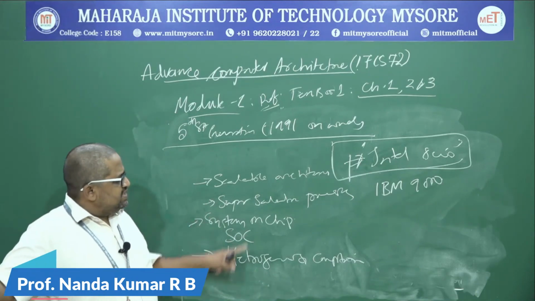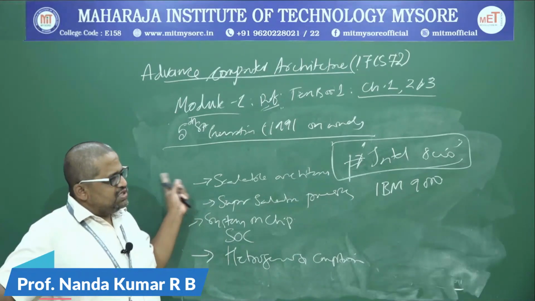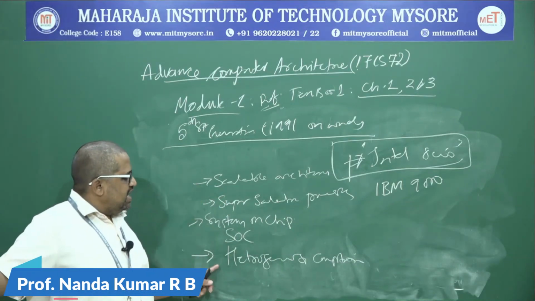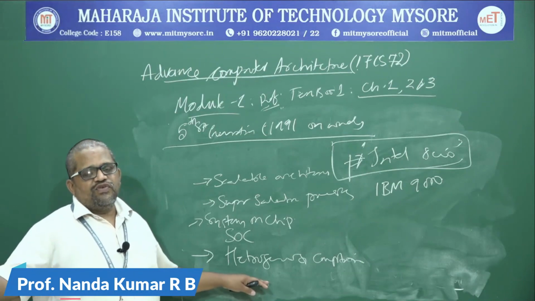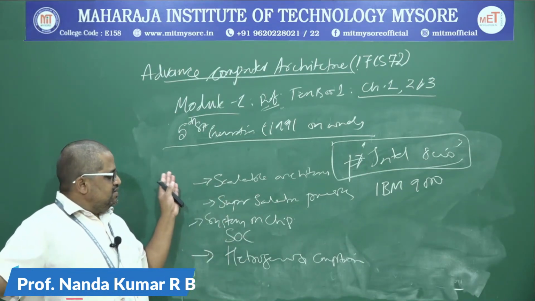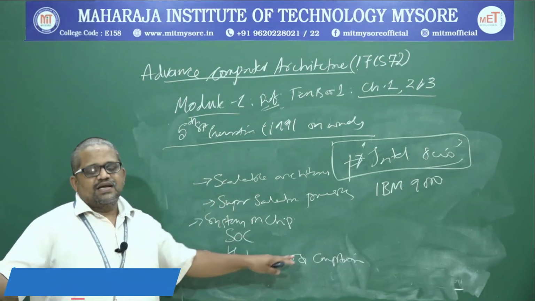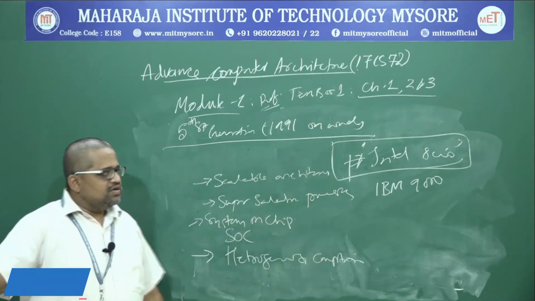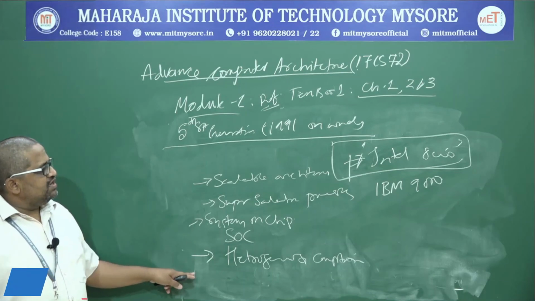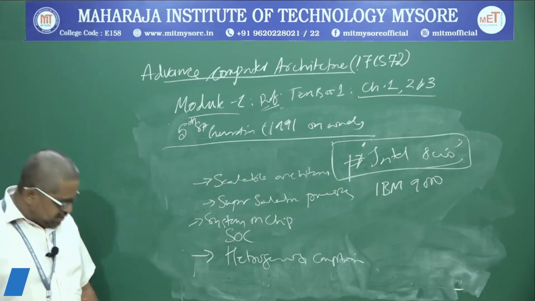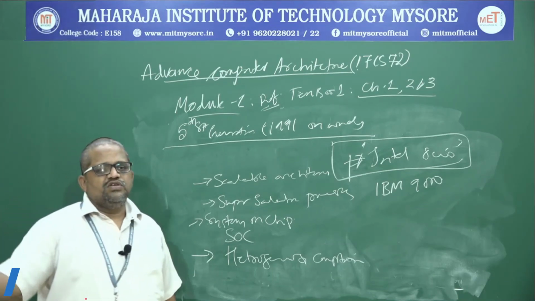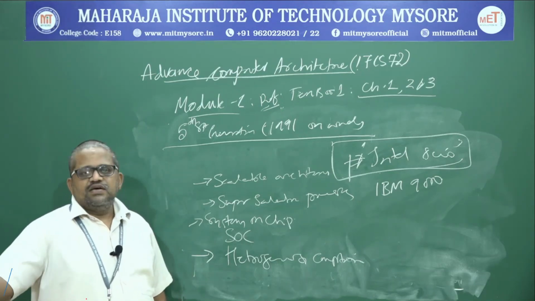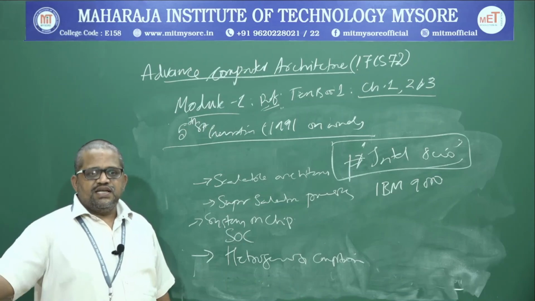Whatever challenges were posed in moving from one generation to the other were addressed, and they were able to evolve from a single to heterogeneous capable computing machines. This is what we are going to look into for the fifth generation computers, and this is how architectures are going to be looked at. Clear with this? With this I am going to end today's lecture.